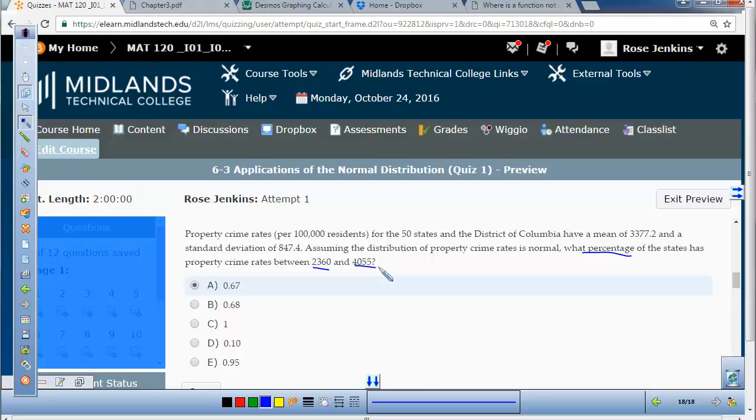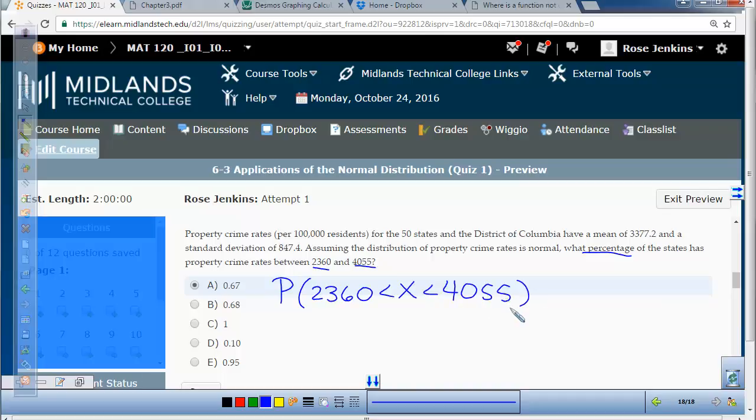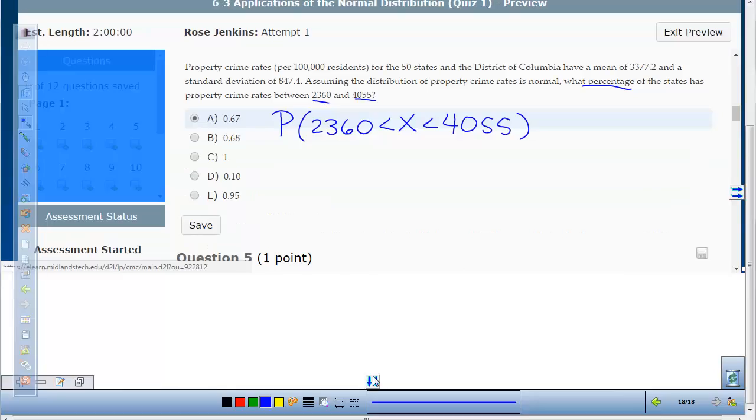So we're interested in the probability that 2,360 is less than X is less than 4,055. Okay? So I'm going to have to convert each of these to a z-score. So for 2,360, we get 2,360 minus 3,377.2 over 847.4.